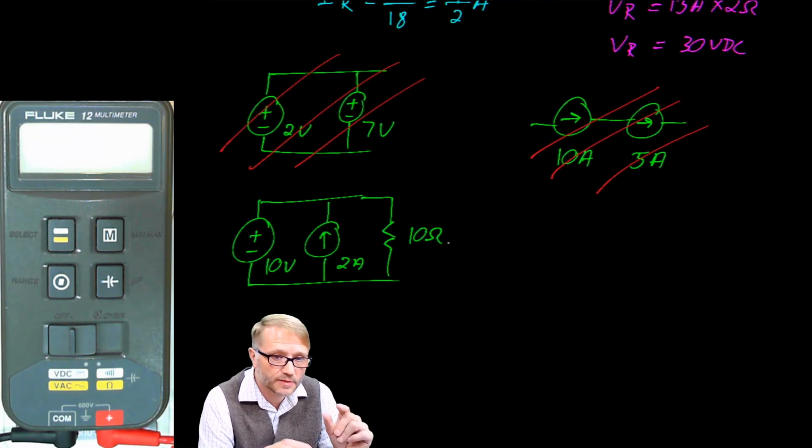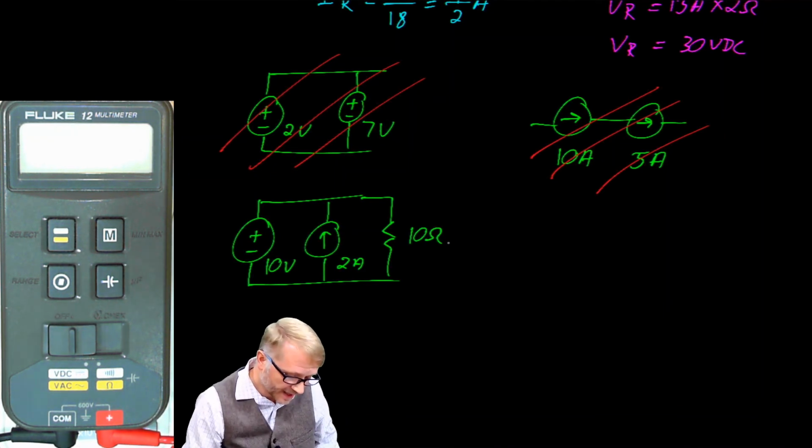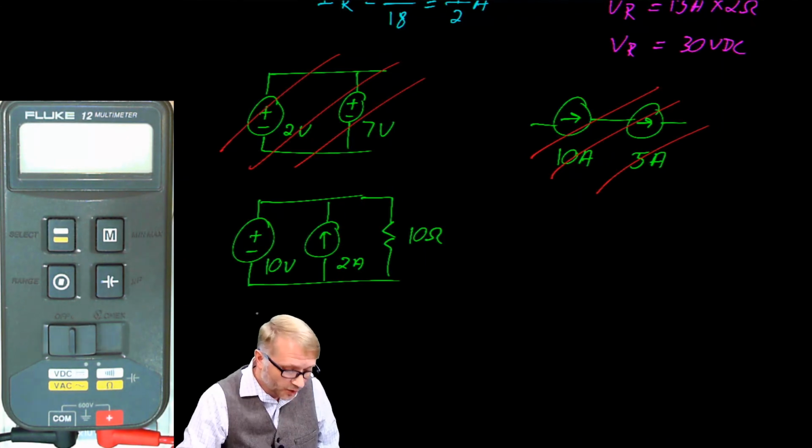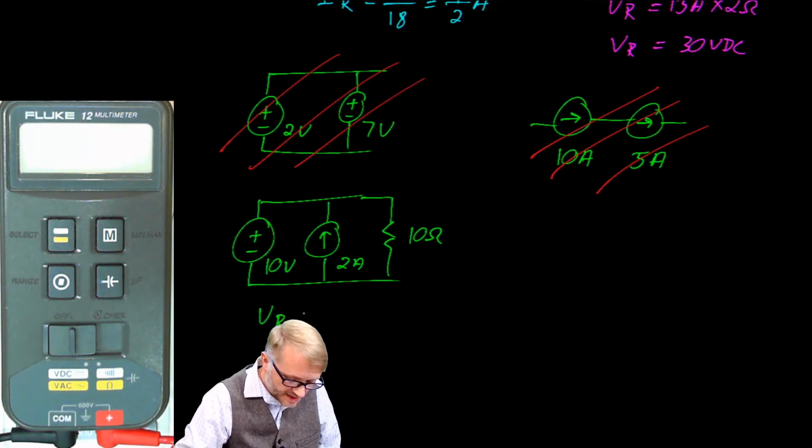The 10 volt ideal voltage supply will do whatever is necessary to give a current so that the voltage stays at 10. The 2 amp constant current supply will provide whatever voltage is necessary to maintain 2 amps. It turns out that those are compatible. The voltage in this case will simply be 10 volts.